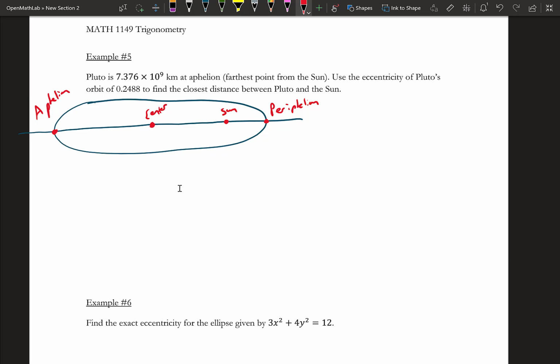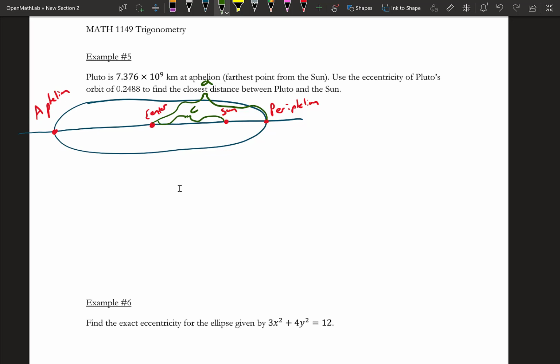Right? So then, thinking about this diagram a little bit, the distance between the center and this vertex over here has a distance of a, right? And then the distance between the center and the sun has a distance of c, right?